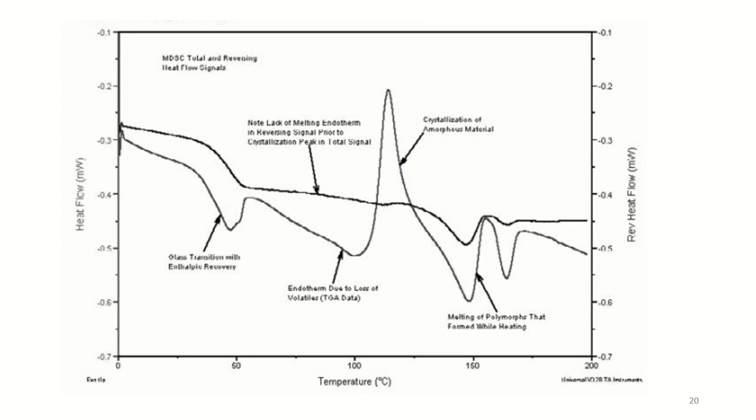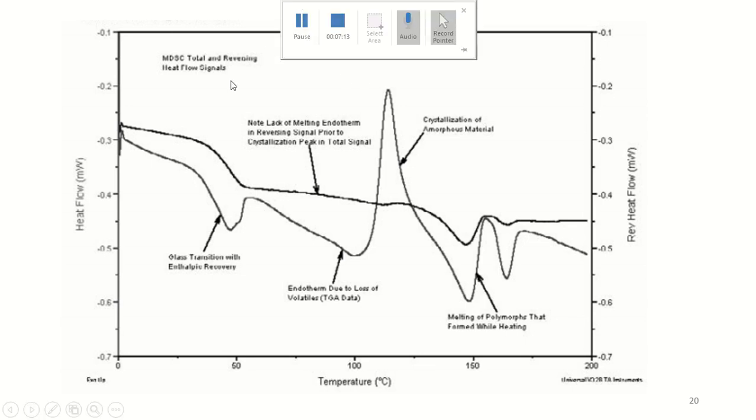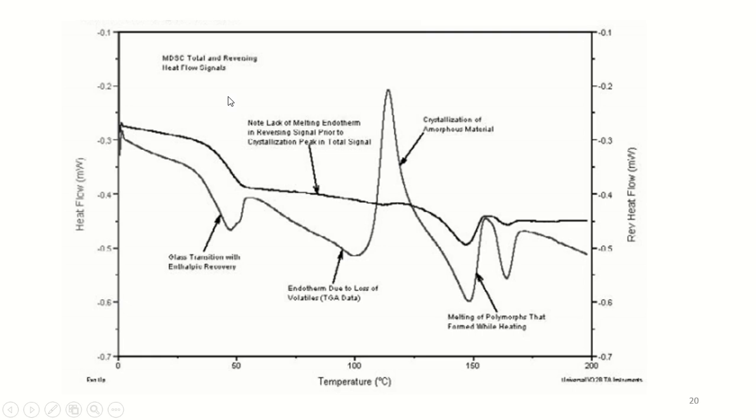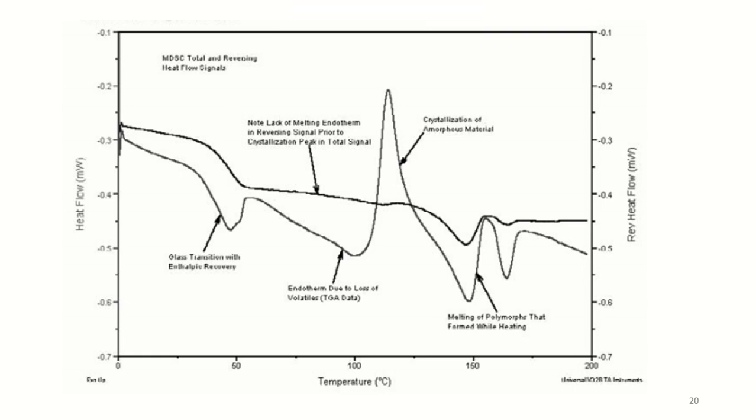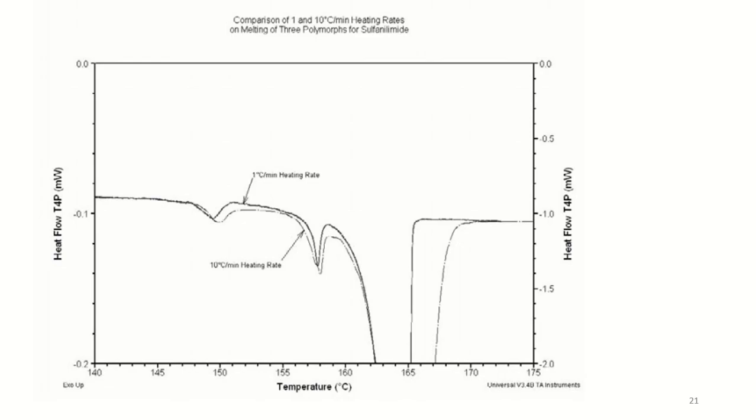The benefit of multiple heating rates will be illustrated on several drugs. The first is sulfonamide, which is reported to have three polymorphic forms.